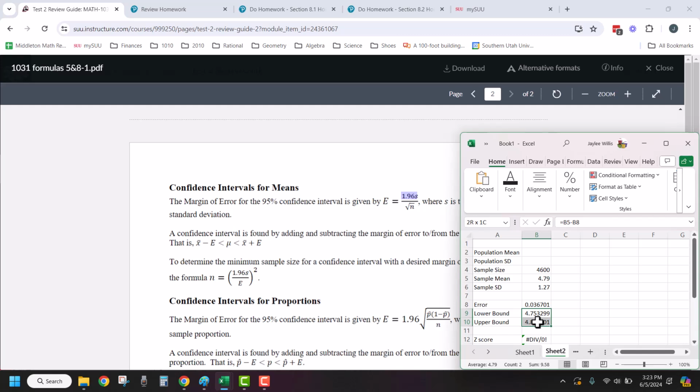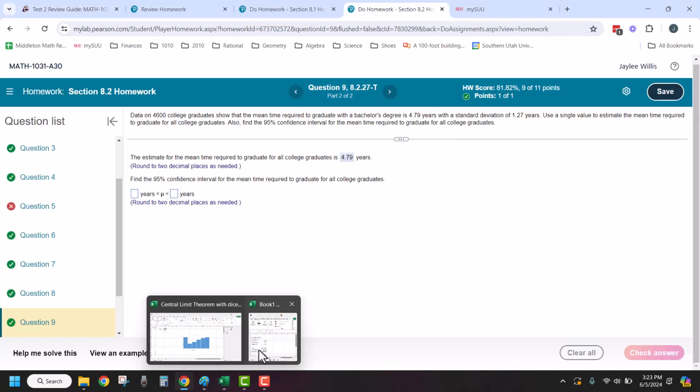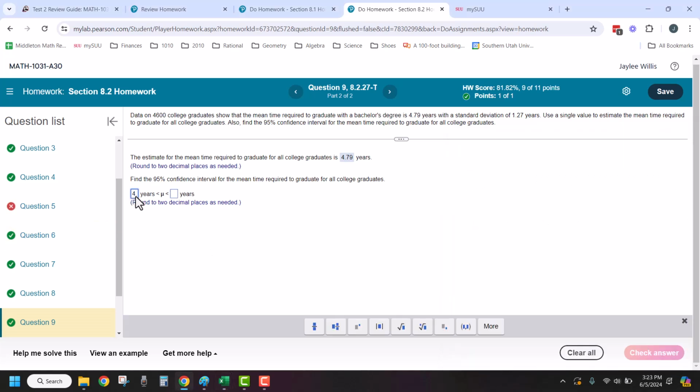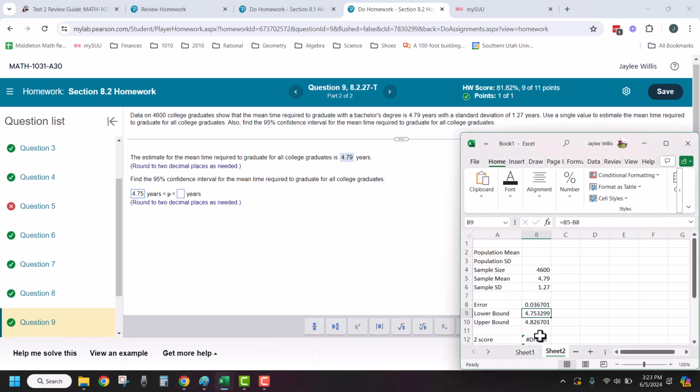So these two numbers are known as our confidence interval. So I'm going to go ahead and type those in here. And they want me to round to 2 decimal places. So the lower bound is 4.75 years. And the upper bound is 4.83 if I round the 2 up to a 3 because of the 6.